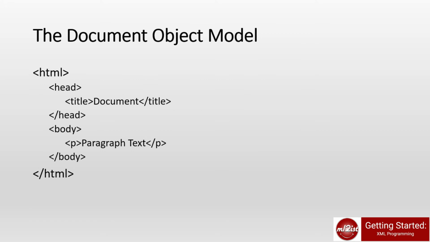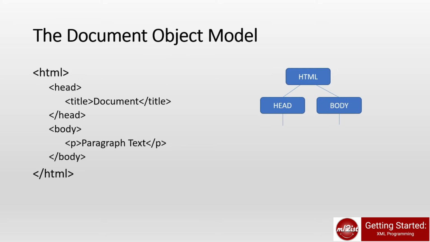Suppose I had an HTML document, and this is a pretty simple one on the left here. I've got my HTML tag, and inside there I've got the head and the body. The head has a title, the body has a paragraph. The DOM represents this document as a tree structure. At the top is the HTML node. Inside the HTML node are the head and the body, and these are said to be child nodes of the HTML node, which is the parent.